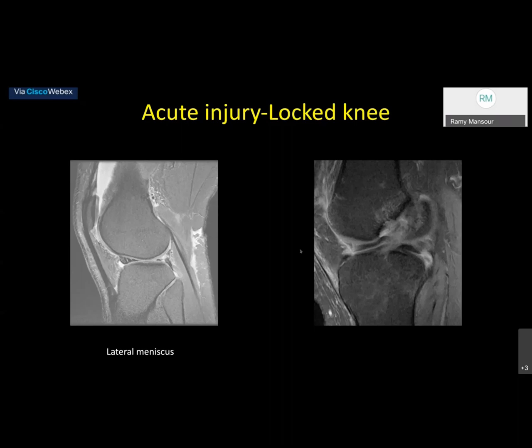Bucket handle is more common in the medial meniscus, but if it occurs in the lateral meniscus, it is more likely to be displaced anteriorly. And this is an example of that. You can see here the posterior horn of the medial meniscus is very attenuated. This is what's left. The meniscal fragment has been displaced anteriorly in front of the anterior horn of the lateral meniscus.